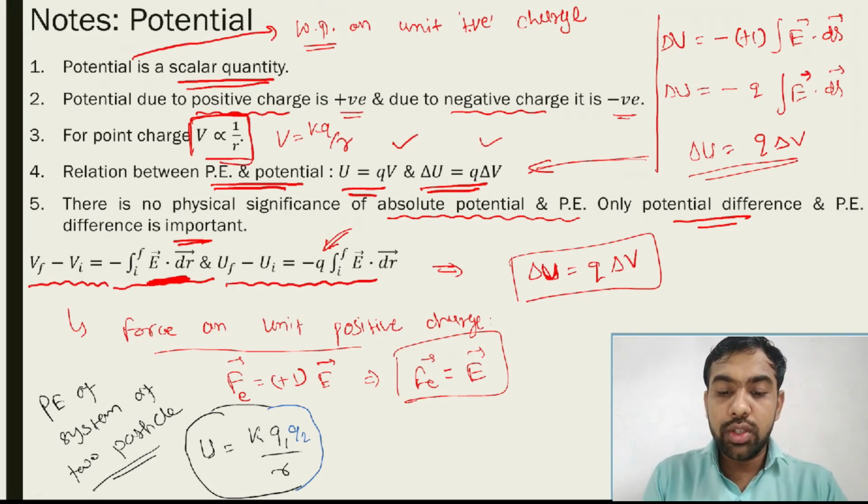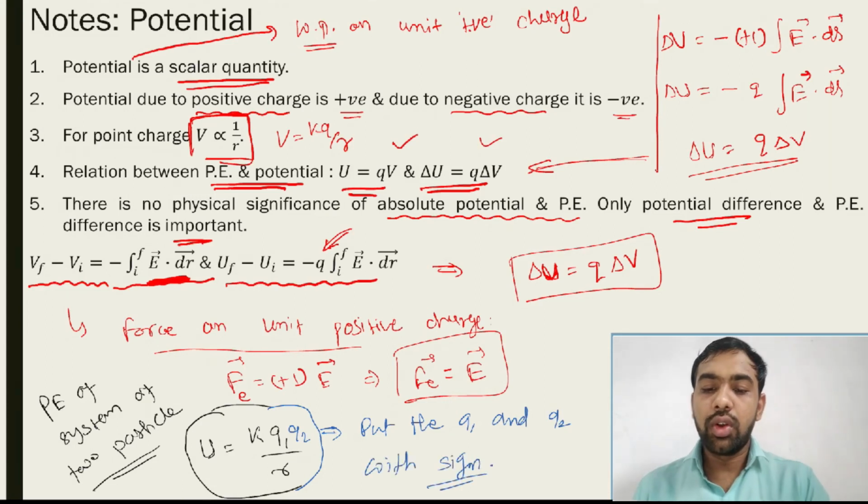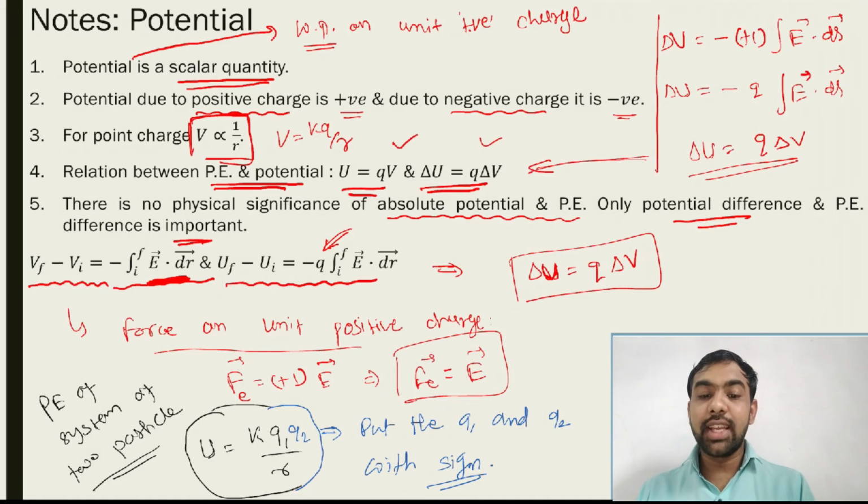So when you use this equation, put Q1 and Q2 with sign. Because maybe a charge is negative, then you write the negative value of this Q, and you get the answer as per this.